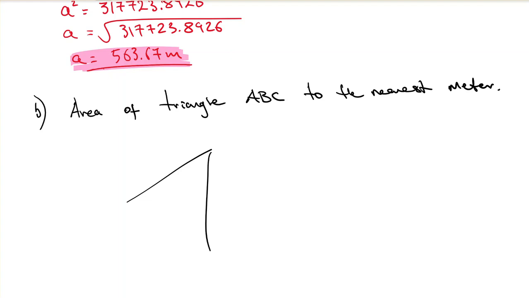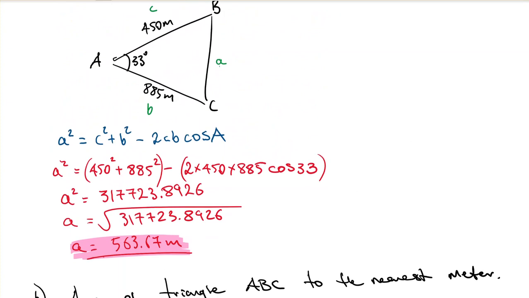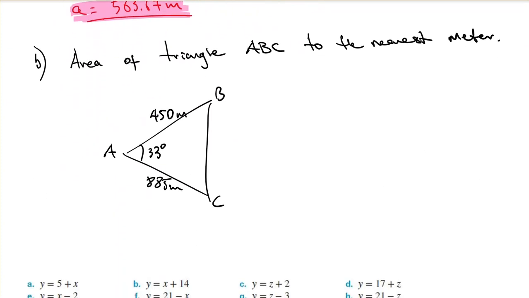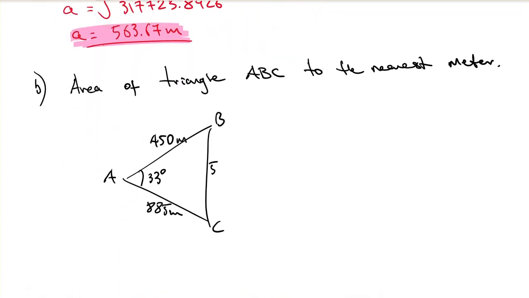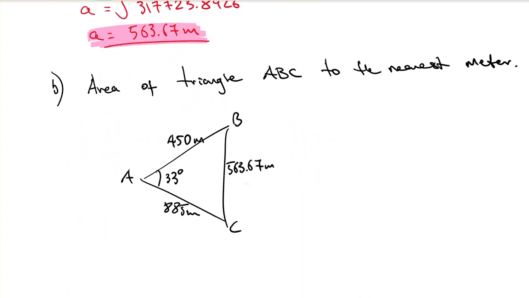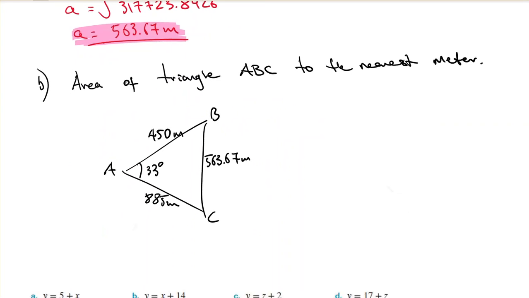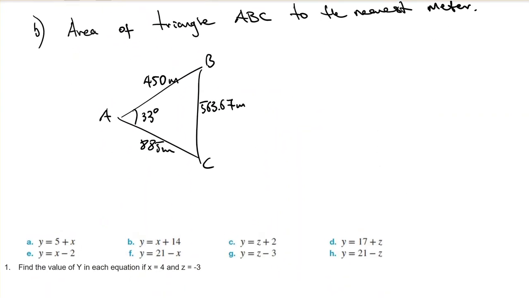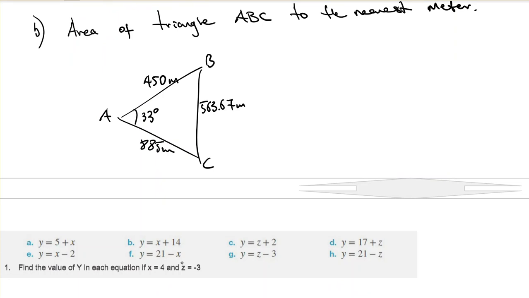So I have my triangle here, ABC, 33 degrees, 450 meters, and 885 meters here. Yep, I have figured out that my side here is 563.67 meters. So there are multiple ways I could do this. Area of the triangle, actually two ways.